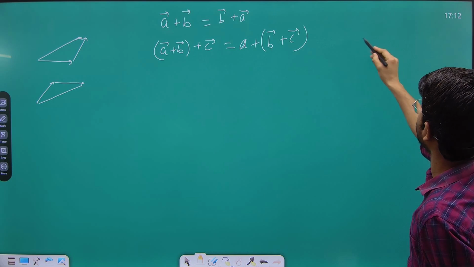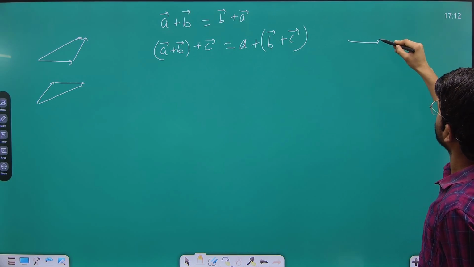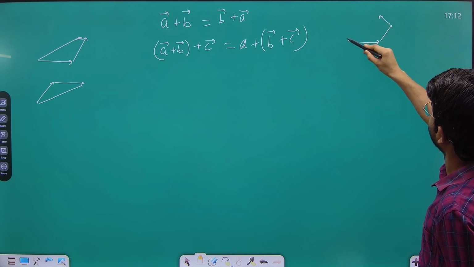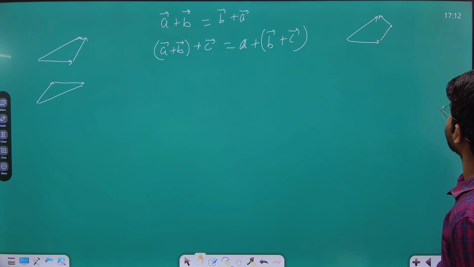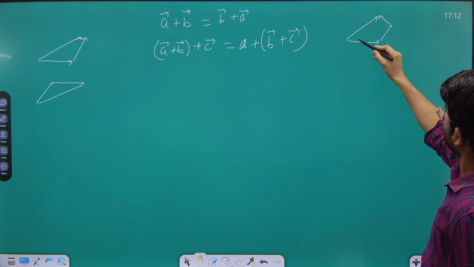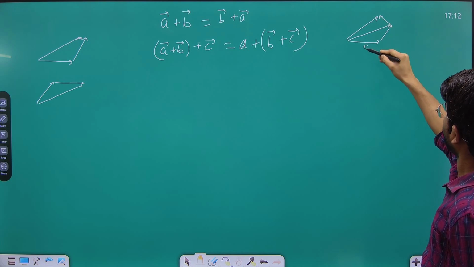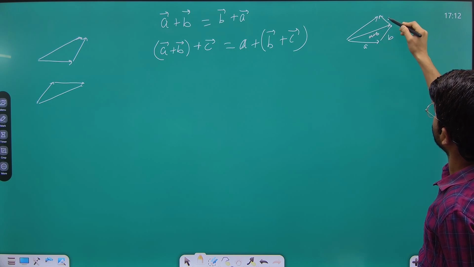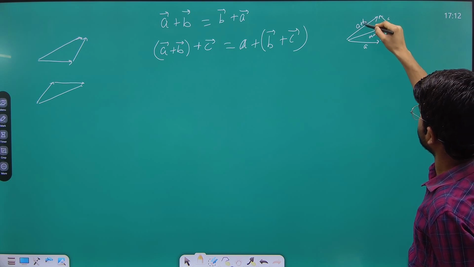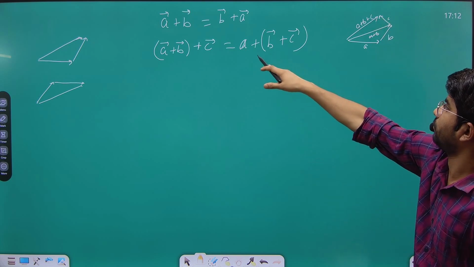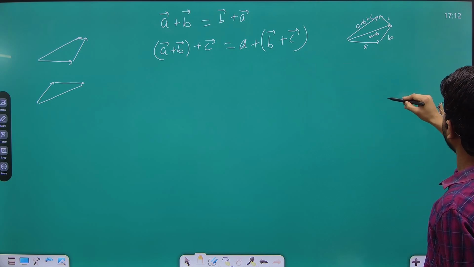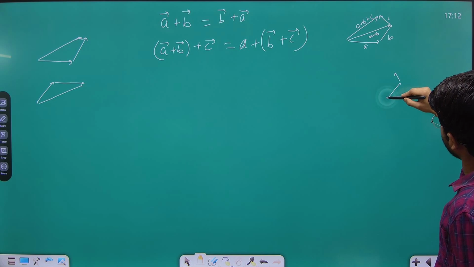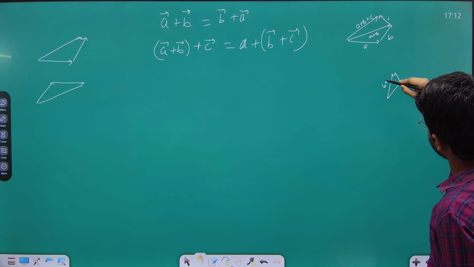For this case, suppose vector A is this one and vector B is this, and you have some vector C, so you will have some resultant vector A plus B plus C. In that case, you took the sum of A and B first, which came to be A plus B, and then this C. So A plus B plus C is this resultant vector. If you look at this, first you add B, then you add C, so you will have the resultant from here as B plus C.